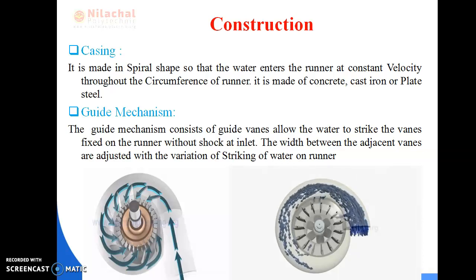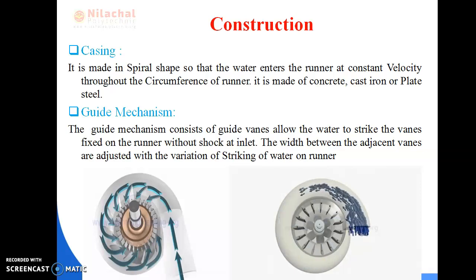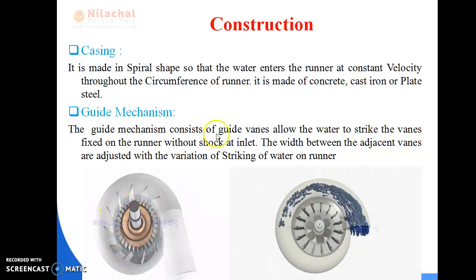The casing is designed with a cross-sectional area which decreases uniformly around the circumference, from a maximum at the entrance to a minimum at the tip. This gives a spiral shape to the casing, and it is also known as the scroll casing.